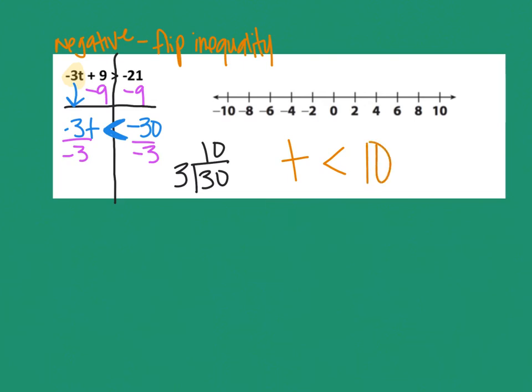And then again, it's going to be an open circle because there's no equal to sign. Sometimes you do need to shade in your circle if it happened to have the equal to sign. So I have an open circle on 10, and this example also is going to be shade to the left because it's less than.